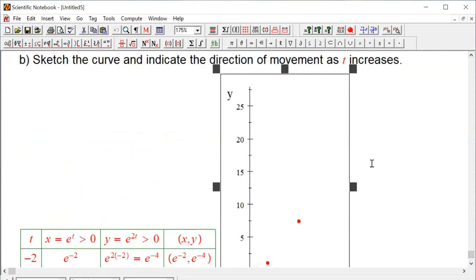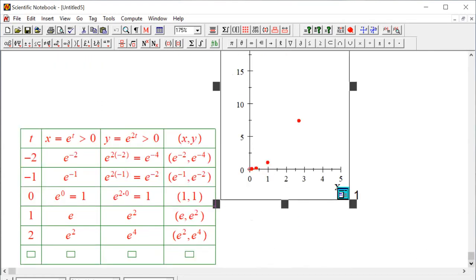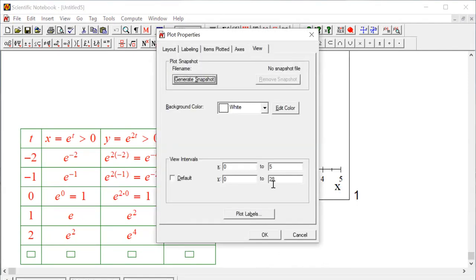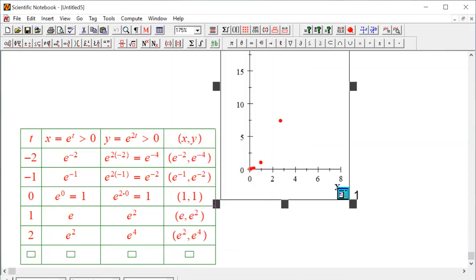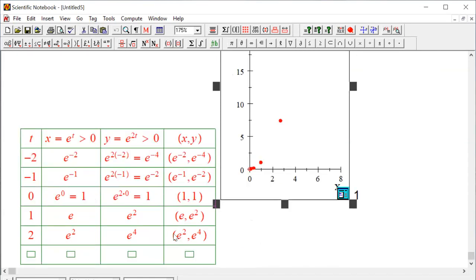Right there. Wait, let's see, where's my point? I think I need to make another adjustment because we have e to the power 2. So the 5 is not enough. Right, so put 8 there. This time it should include it. E squared.